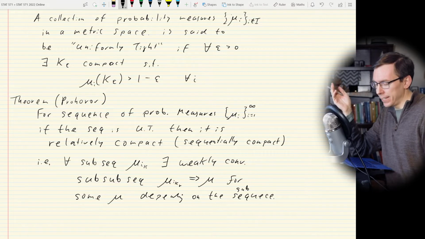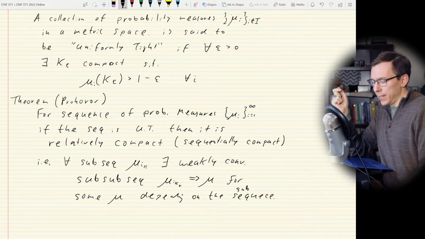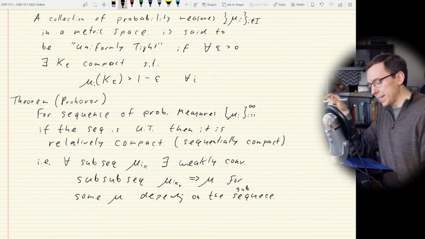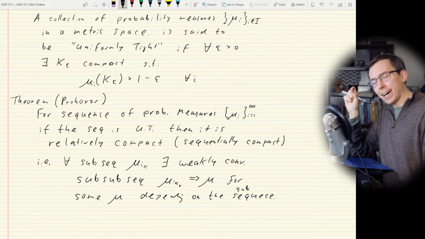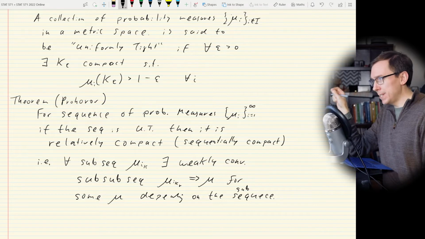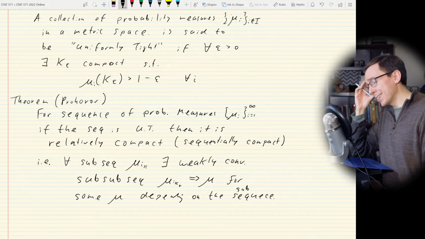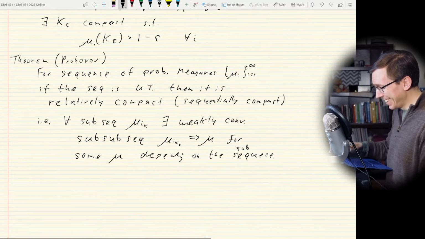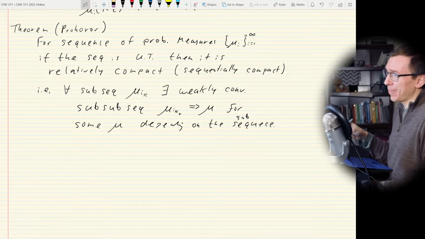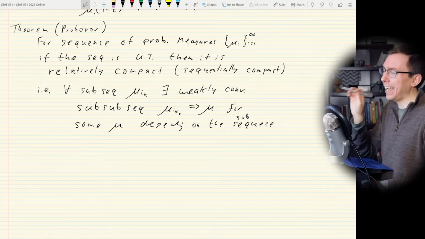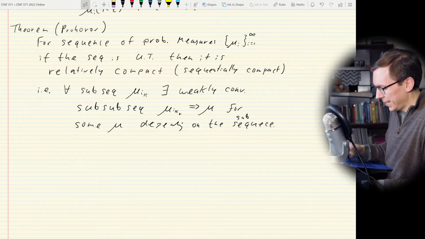But the point is that it's a little bit stronger than saying the subsequence converges. It says that for any subsequence that I pick, I can find a weakly convergent subsequence. And then what you're probably thinking to yourself is, why do I care?